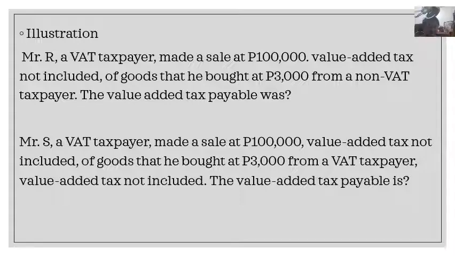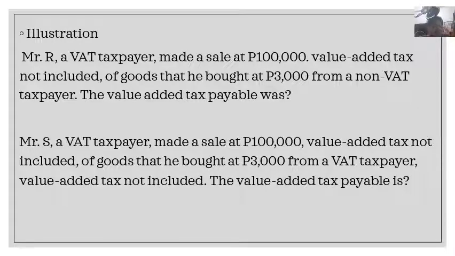So, si Mr. R is a VAT taxpayer. So, yung kanyang sale is subject to 12% na VAT. So, pag minultiply mo yung sale niya na 100,000 ng 12%, you will get 12,000. So, yun yung tinatawag nating output tax. So, ulitin natin yung formula. Pag ang tinatanong ay VAT payable, output tax less input tax. So, mayroon na tayong output tax. 12,000.